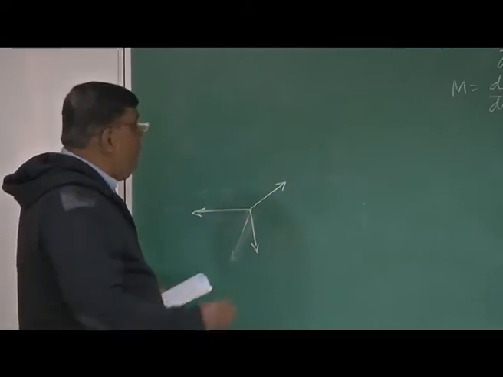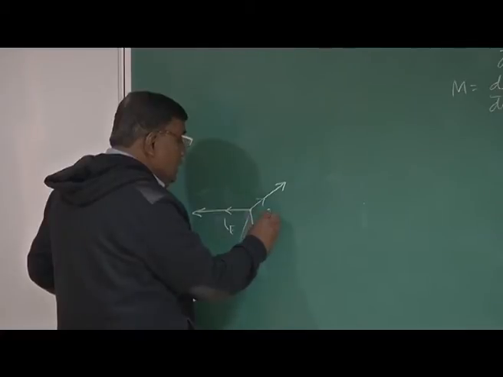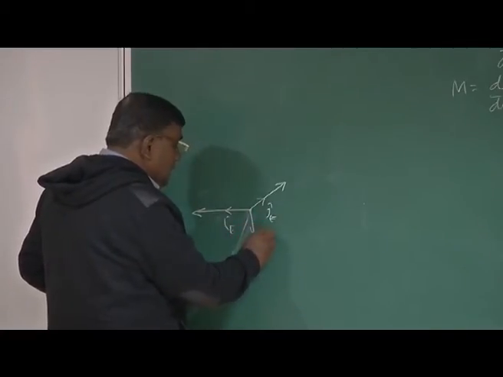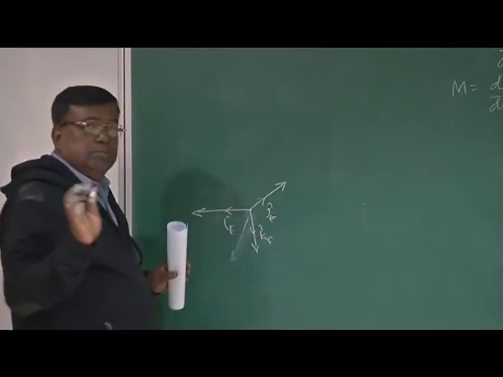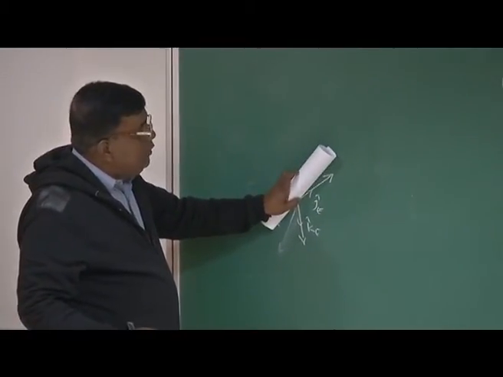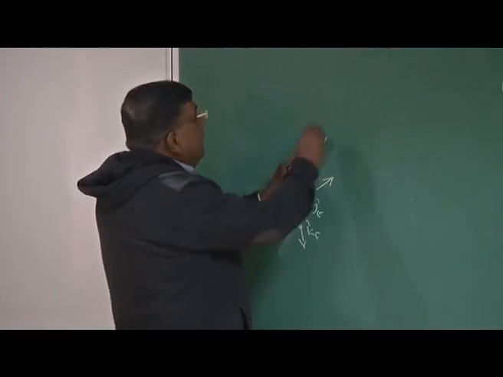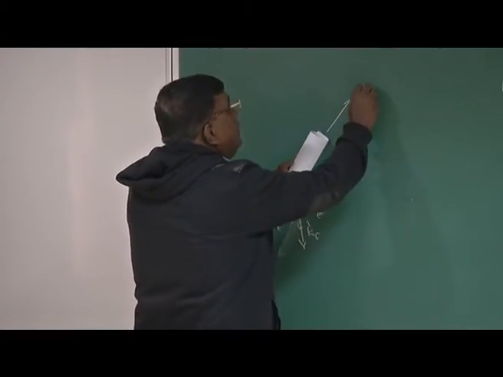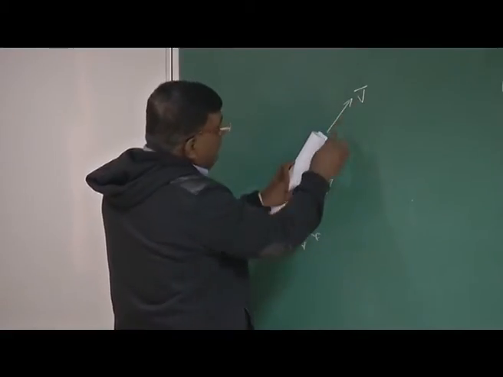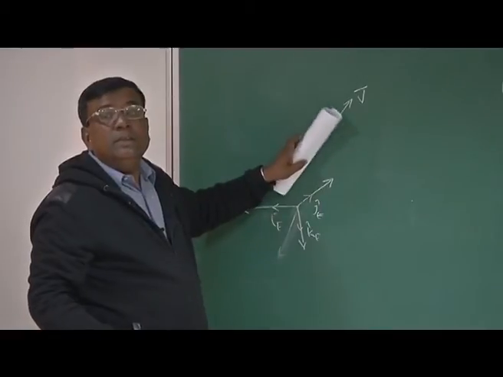Its unit vector directions i, j and k are fixed, right. Now, see, if this body rotates like this, what will happen? Let us say this body is having velocity v, then the component of v along x, y, z will go on changing, right.